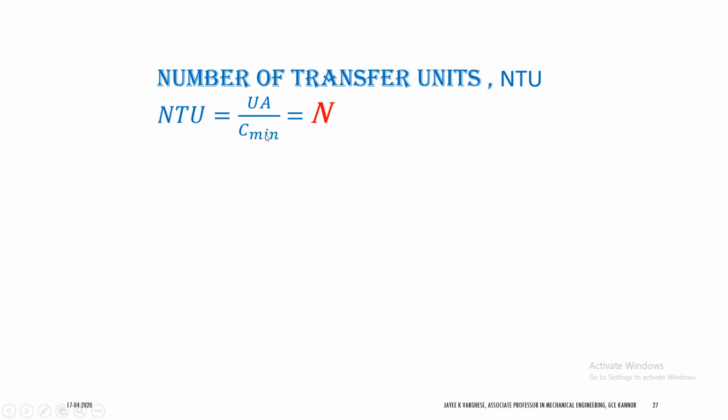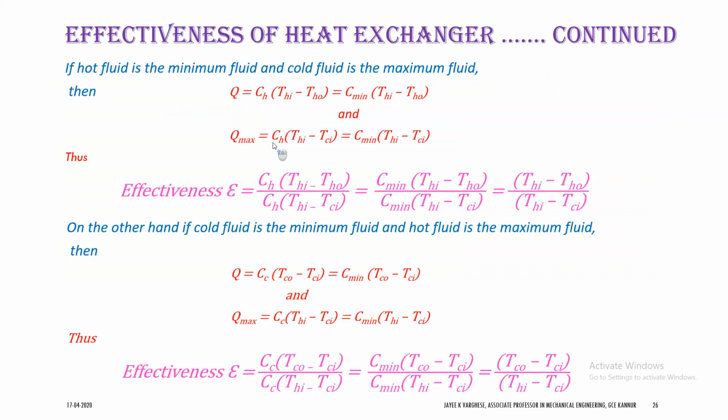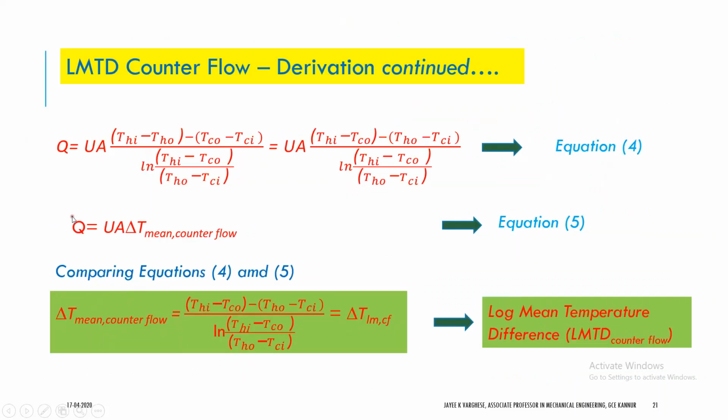Now, the heat exchanger analysis using LMTD was discussed in the previous lecture. We know that heat transfer is equal to overall heat transfer coefficient times total area times LMTD. We can calculate the heat transfer if all these are known. Or if heat transfer is known and any one parameter is missing, we can calculate that parameter.